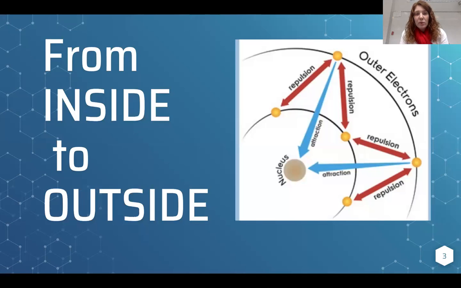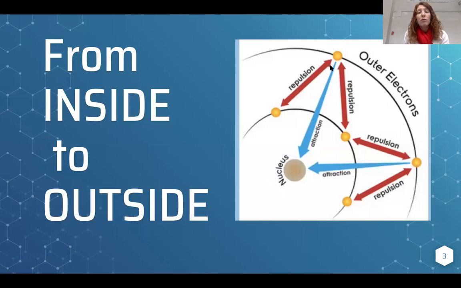The big push for you today is to switch your thinking from what's going on inside the atom to what's going on outside of the atom. Inside of the atom, we were talking about those attractive forces between the nucleus and those outer electrons. And we also talked about how the electrons themselves push away from each other.